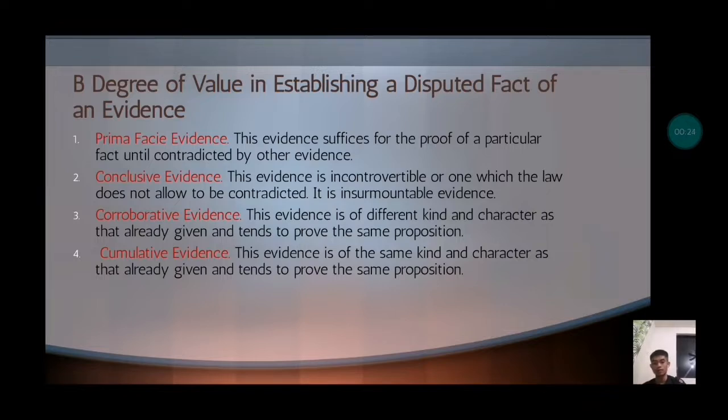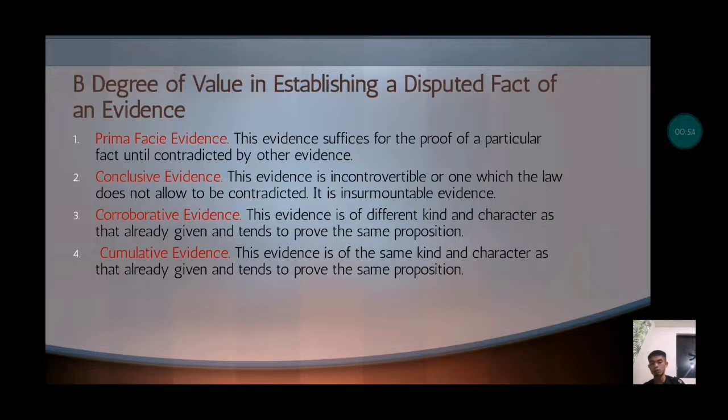This evidence is incontrovertible, or one which the law does not allow to be contradicted. It is insurmountable evidence. Number 3 is corroborative evidence. This evidence is of a different kind and character from that already given and tends to prove the same proposition.